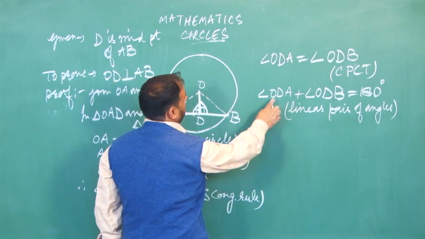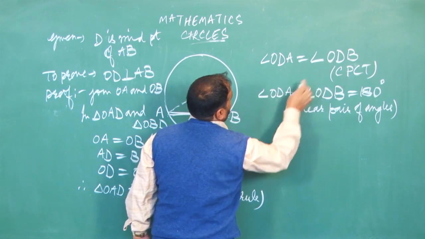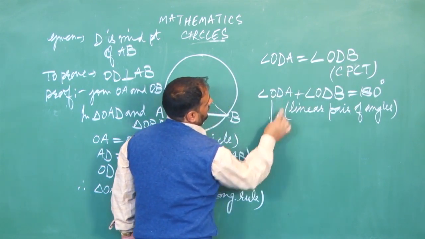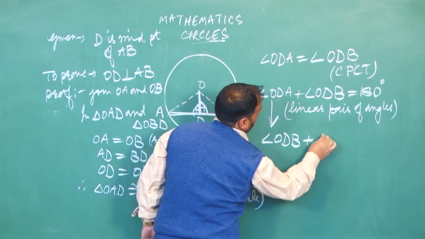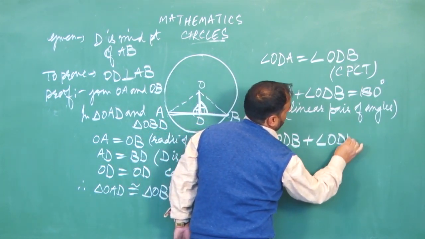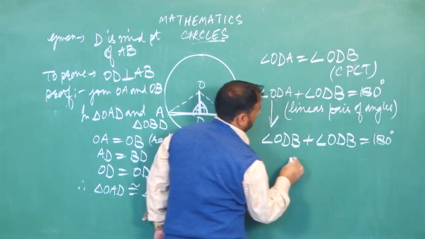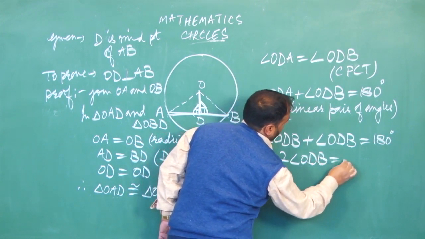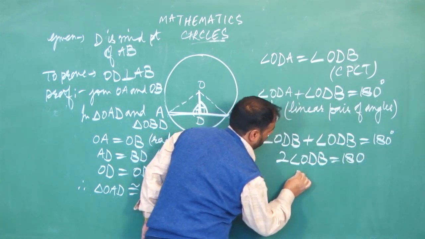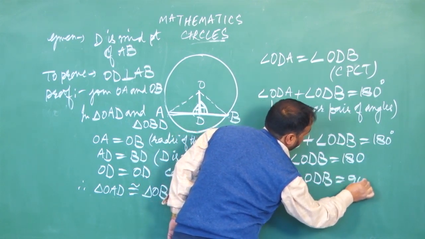Now, because we have proved ODA is equal to ODB, instead of ODA, write ODB, and keep angle ODB as it is, and the sum of both is 180. This is twice angle ODB is 180, and each angle ODB will be equal to 180 by 2, that is 90 degrees.